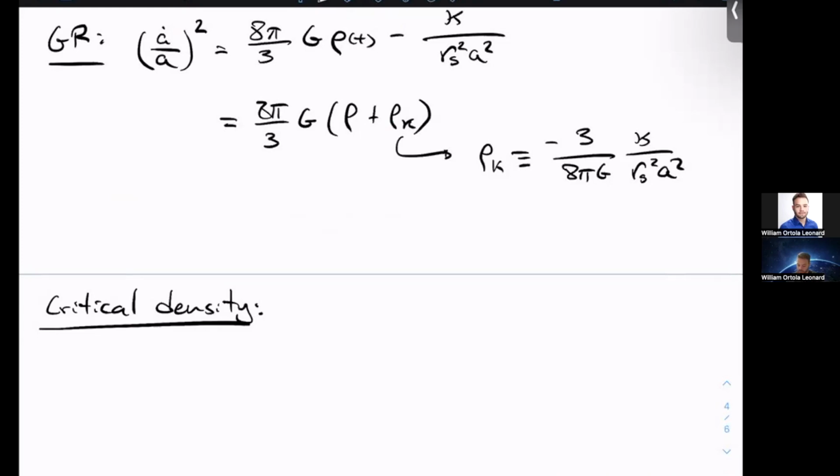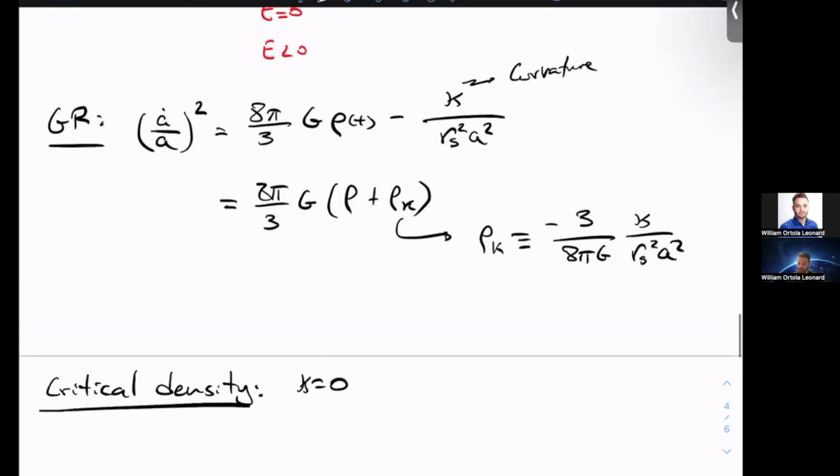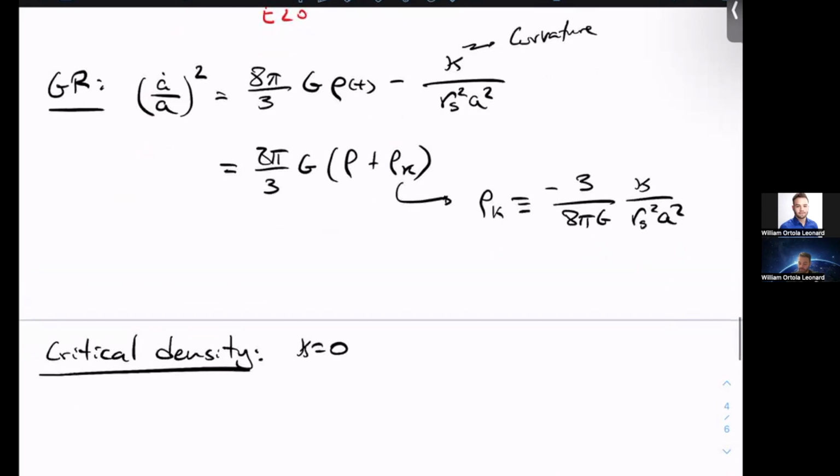So when kappa is equal to 0, then from this first Friedmann equation we are able to find what we define as the critical density. If kappa is equal to 0, this term disappears and we only have these two terms. Then we only have to solve for rho, and this is what we define as rho critical, which as a function of time is given by a dot over a squared times 3 divided by 8 pi G.